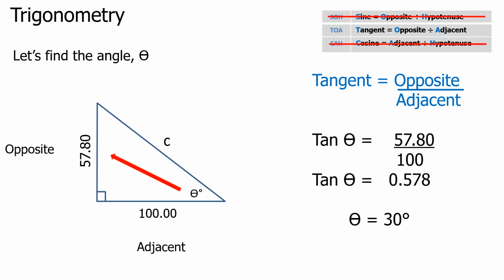So therefore tan theta equals 0.578. To get the answer, I'm going to have to use the inverse function on my calculator. And my angle is 30 degrees.